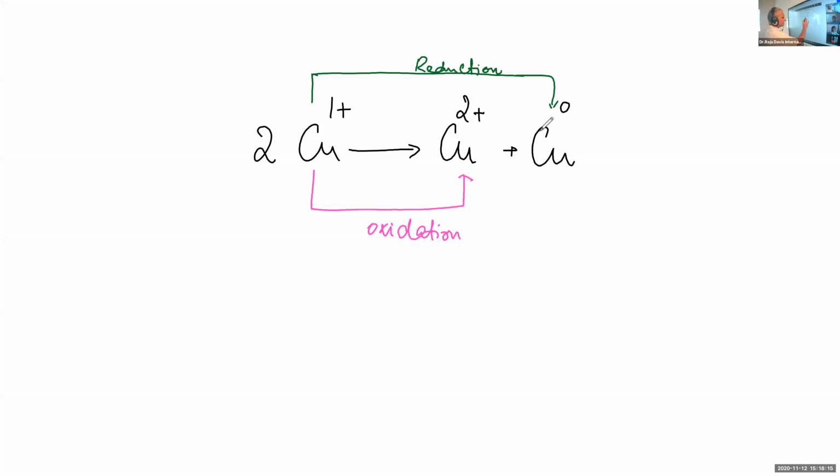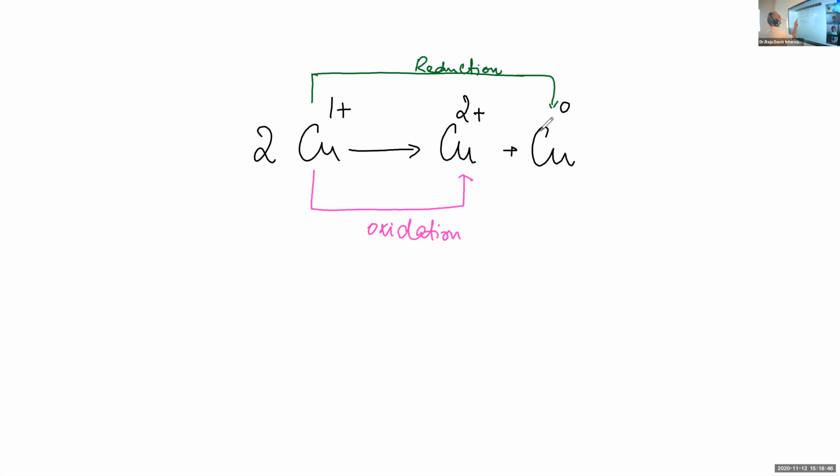During these changes, which reaction occurs there? Is it oxidation or reduction? That is my question. Munya, please help. Both. Oh, yes, you are correct. There is oxidation and reduction. When one ion of Cu plus 1 is oxidized, another ion is reduced.